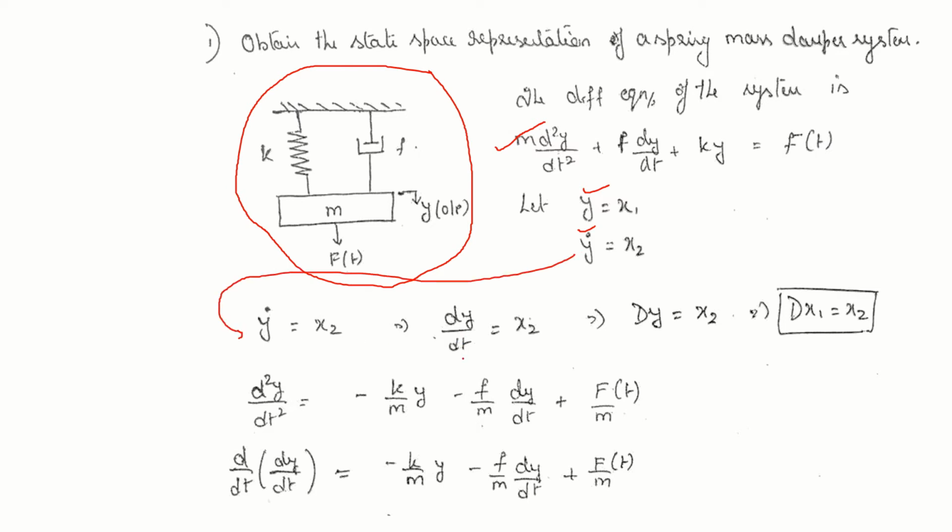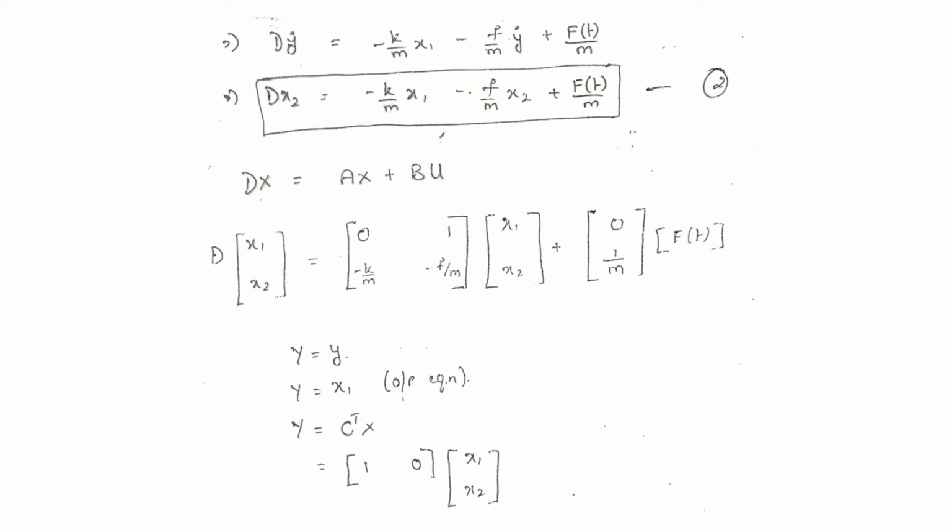You know that dy by dt is equal to x2, so y is equal to x1, so dx1 equals x2. You got your first state equation. Again, I'll take this one and write the second state equation, which is like this.